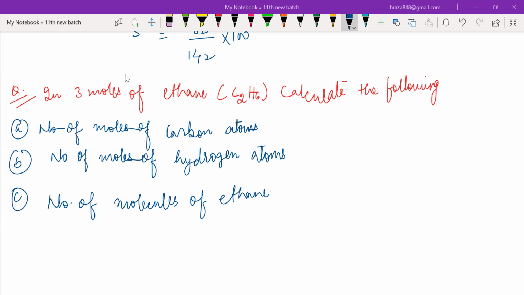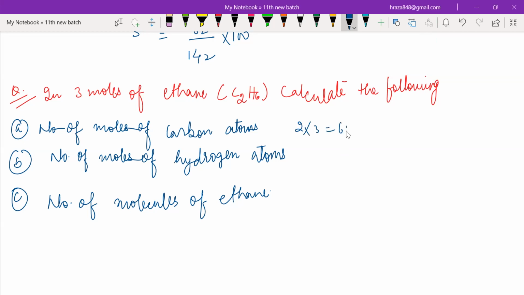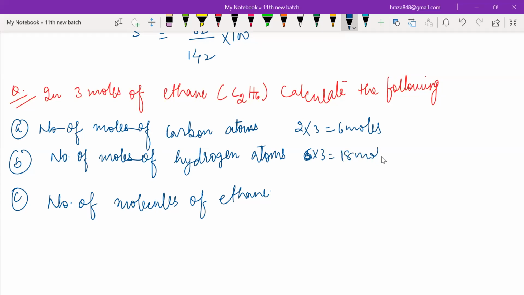So there are 6 moles of carbon atoms. Very good. 2 into 3, it will be 6 moles. And hydrogen is 18. 6 into 3, that is 18 moles of hydrogen atoms.